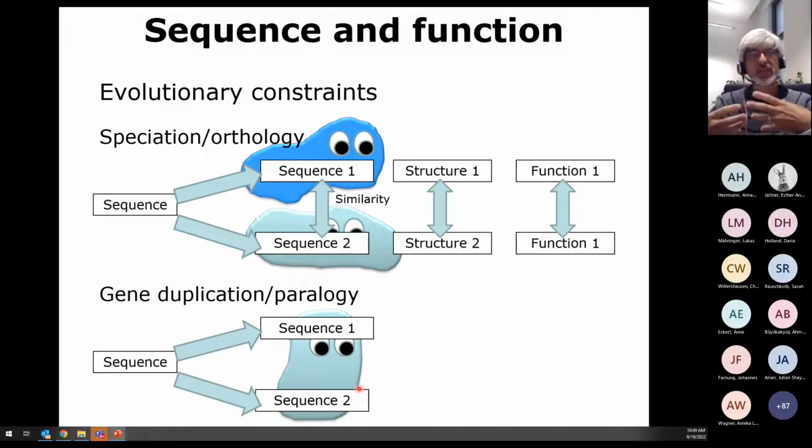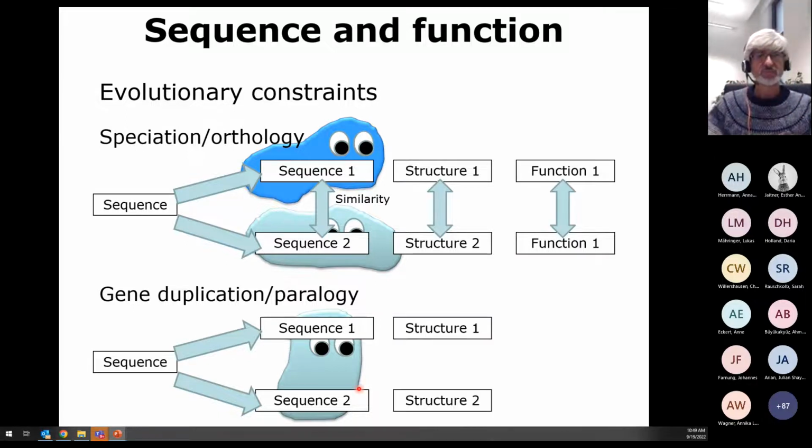The protein structure will be related to the original one. The general function will be related, but maybe there will be a difference in the catalytic center so that the enzymatic function could be different.